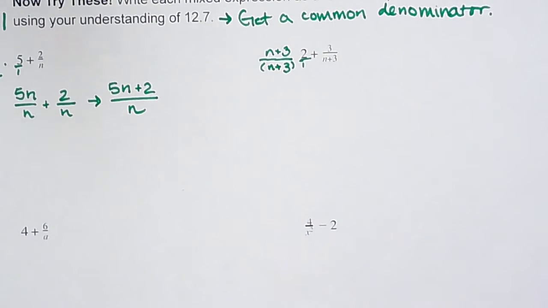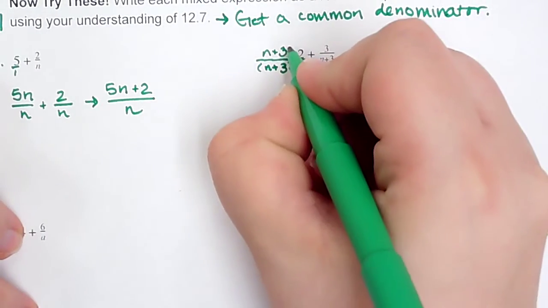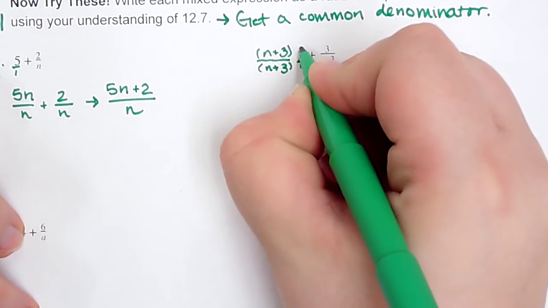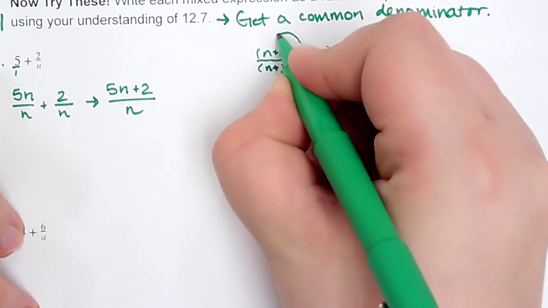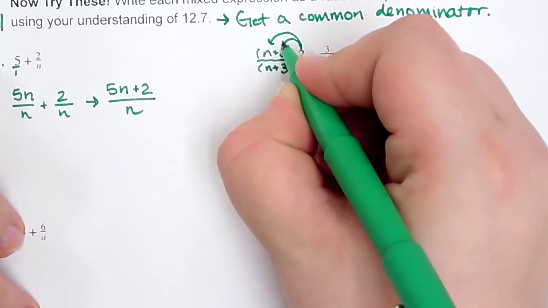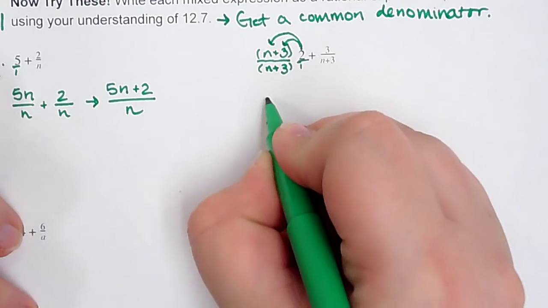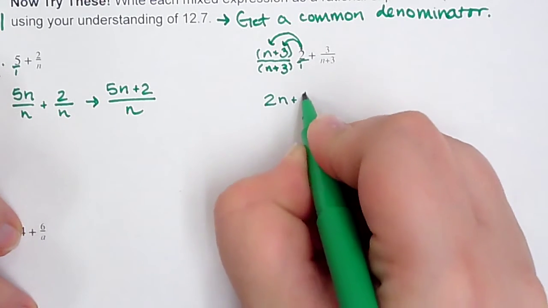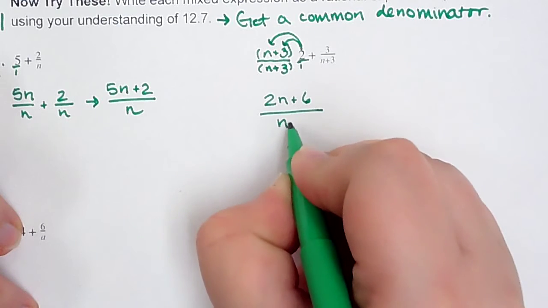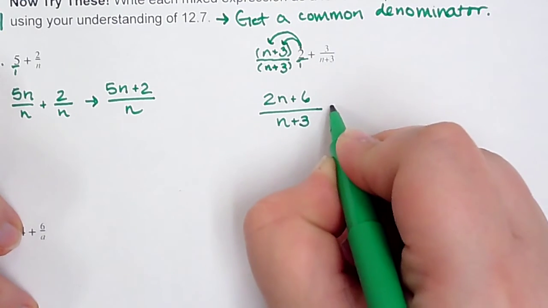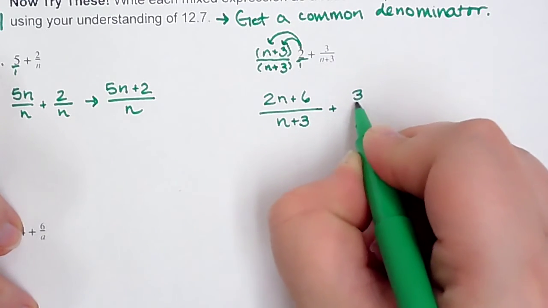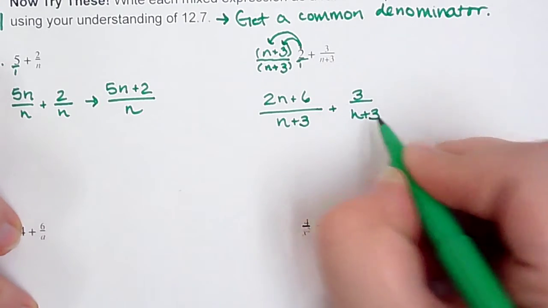Again, as long as it's the same on top and bottom, we're not actually changing anything. The kicker here is that since I now have a monomial times a binomial, I do have to distribute that 2 when I simplify. I now have 2n plus 6 divided by n plus 3 plus 3/n plus 3.